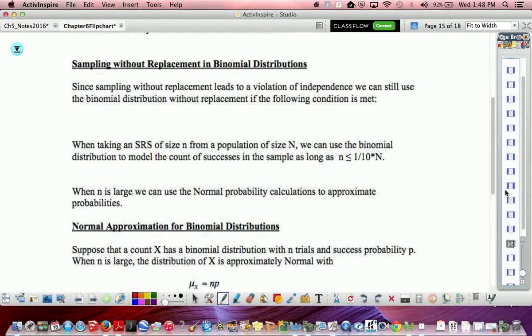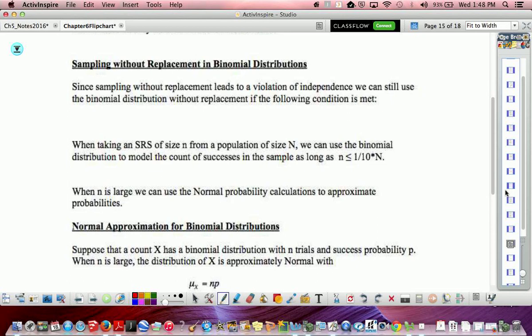However, what statisticians have explored is that if you take large samples, and those samples come from very large populations, the probabilities really don't change very much. They change very little.